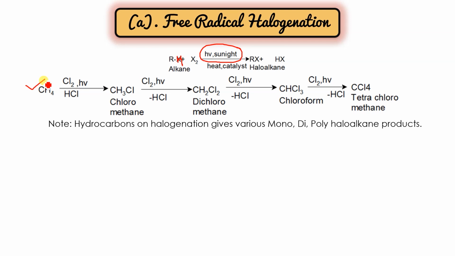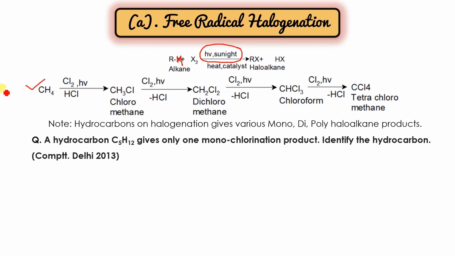Okay. A question is there: a hydrocarbon C5H12 gives only one monochlorination product. Identify the hydrocarbon. This is a good question. C5H12 gives one monochloro product. That means wherever you replace the hydrogen with chlorine, it will give you only one product.